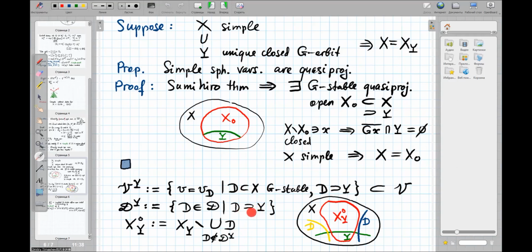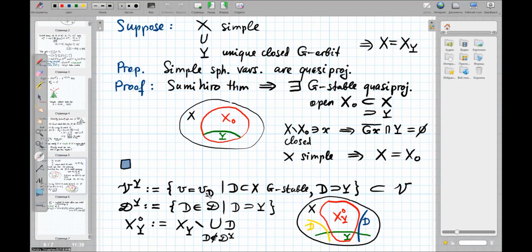So what is left? The divisors in D upper Y are B-stable, but not G-stable. They are colors. These divisors are only B-stable, and these divisors, corresponding to this set, are G-stable.